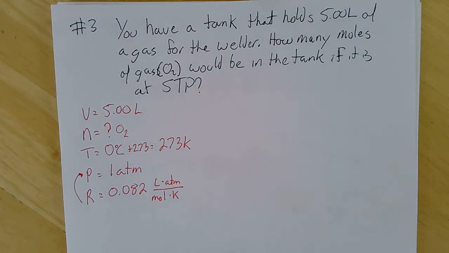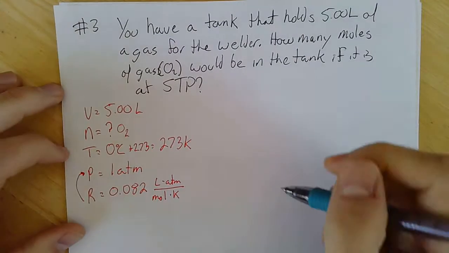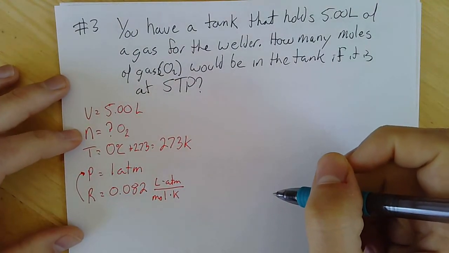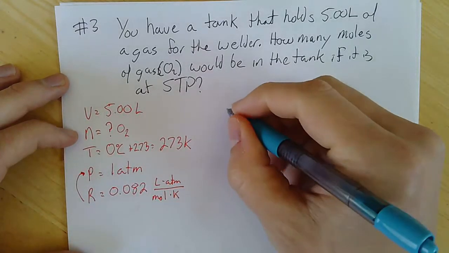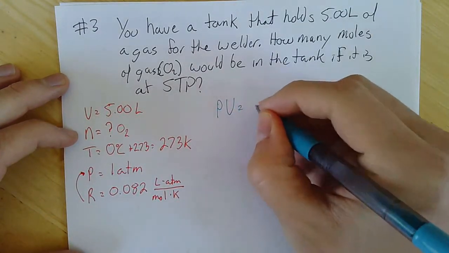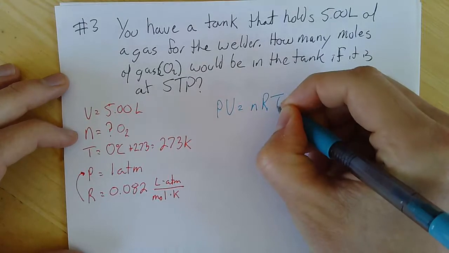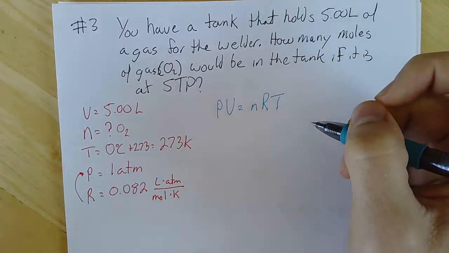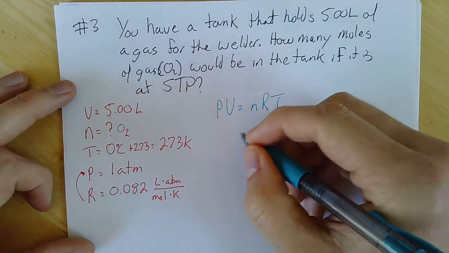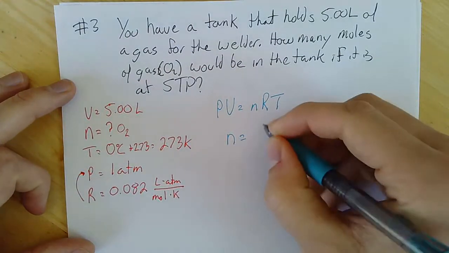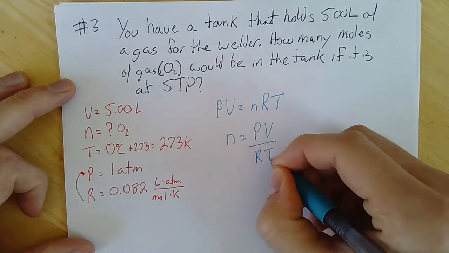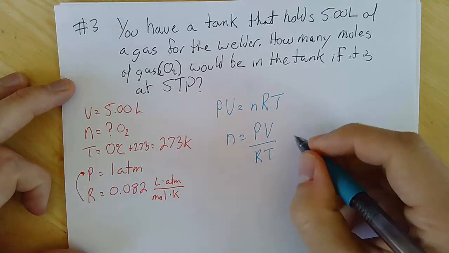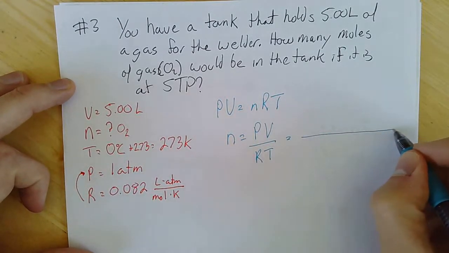So basically, anytime we have n involved, we know we're going to be using the ideal gas law, PV equals nRT. There's no ones and twos because there's just one of everything. I've got to solve for n. So my n is equal to PV over RT. All right. And if you do that first, then it's just a plug and chug.